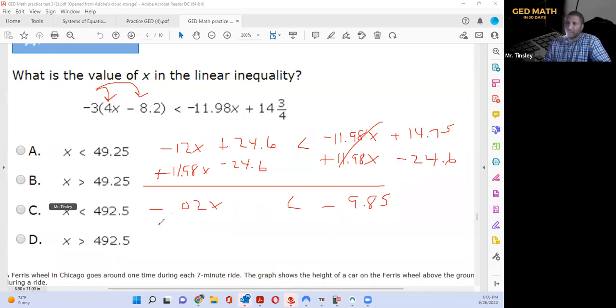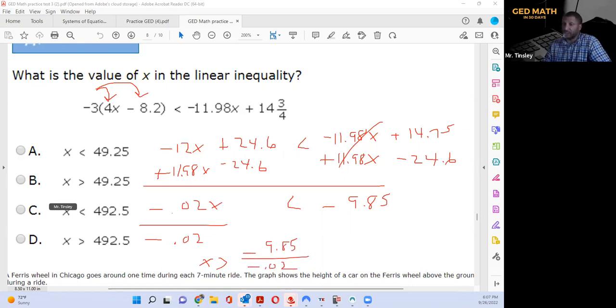In order to get the x by itself, I need to divide by negative 0.02. Because I divided by negative 0.02, I have to change the direction of my inequality. So this becomes x greater than minus 9.85 divided by negative 0.02.